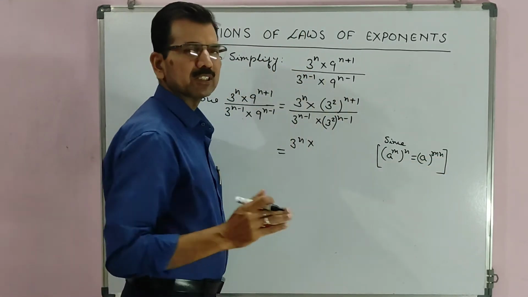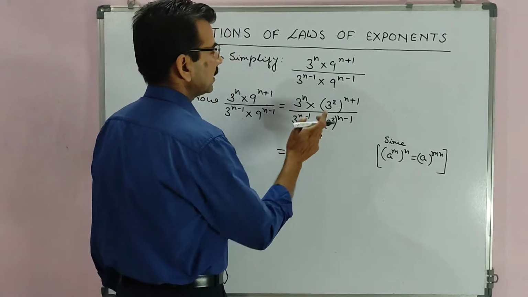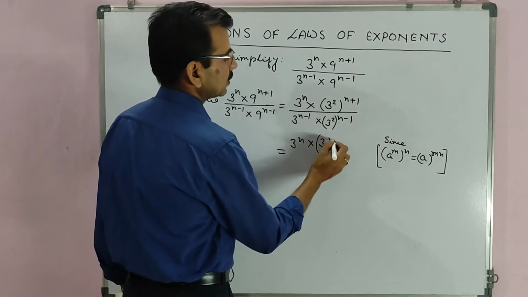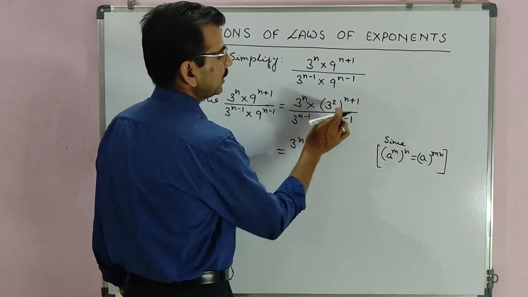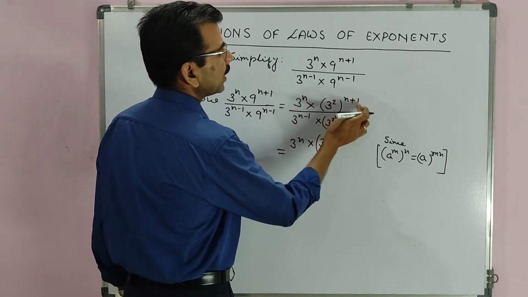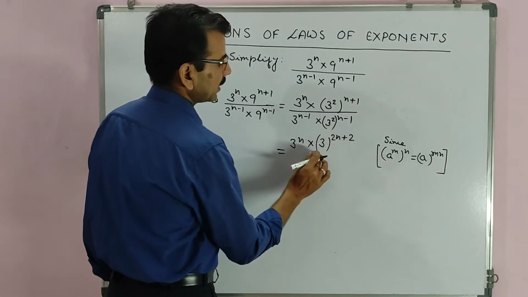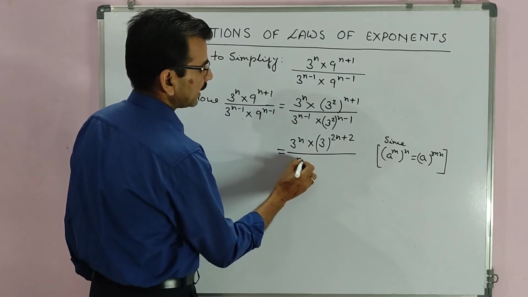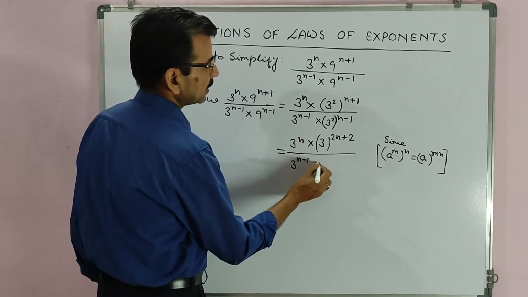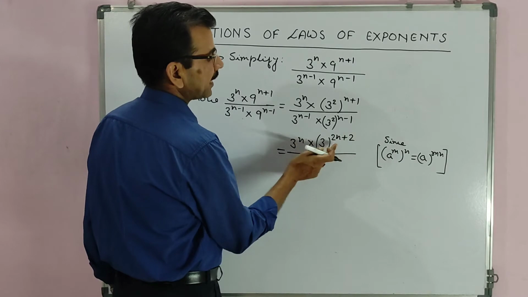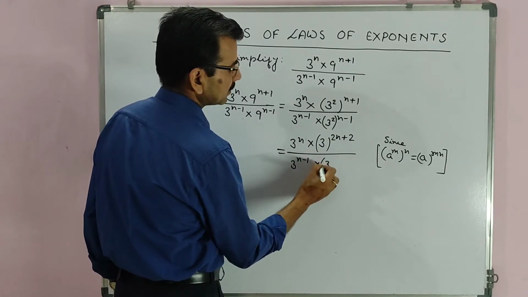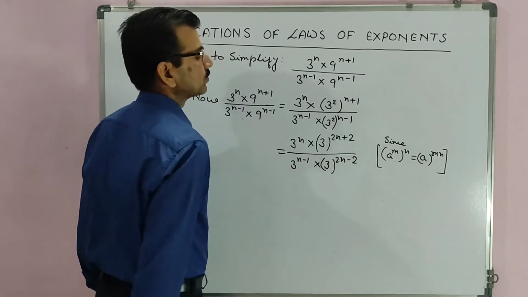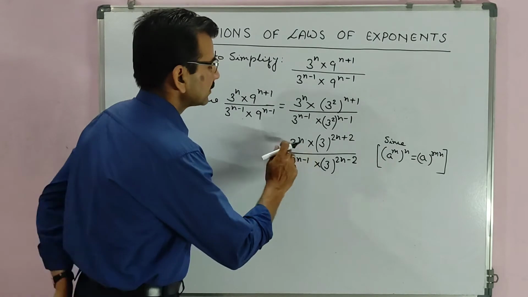So we multiply the powers in a simple way. 3 whole to the power 2 into n, 2n, plus 2 into 1, plus 2. And upon, we write 3 raised to power n minus 1 as it is into 3 raised to power 2n minus 2, as we have done here. Clear to you? Good.